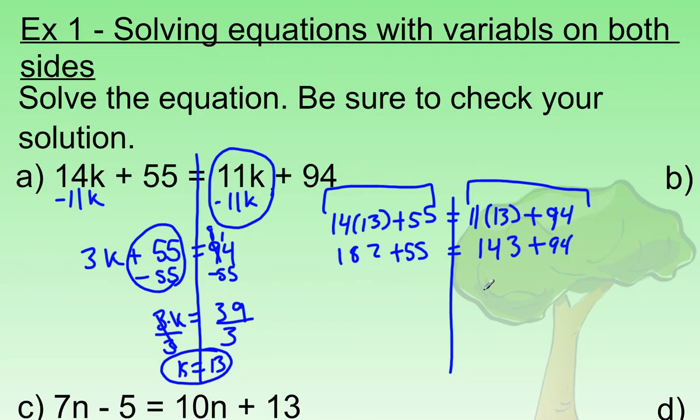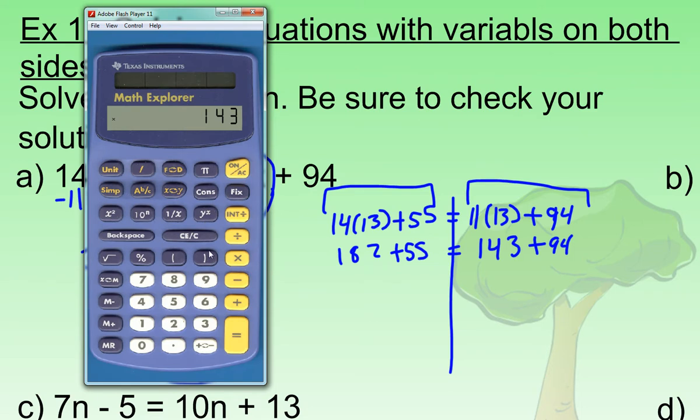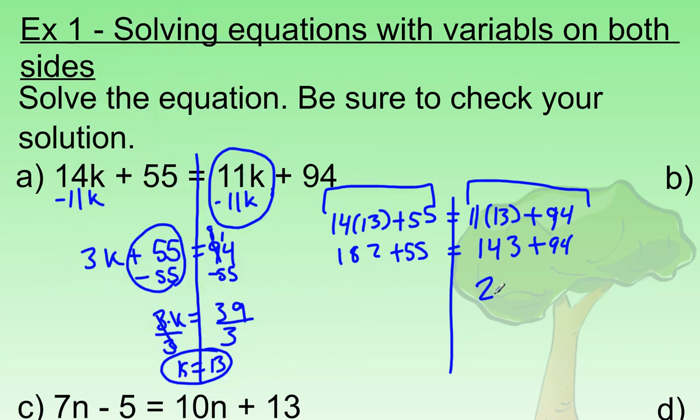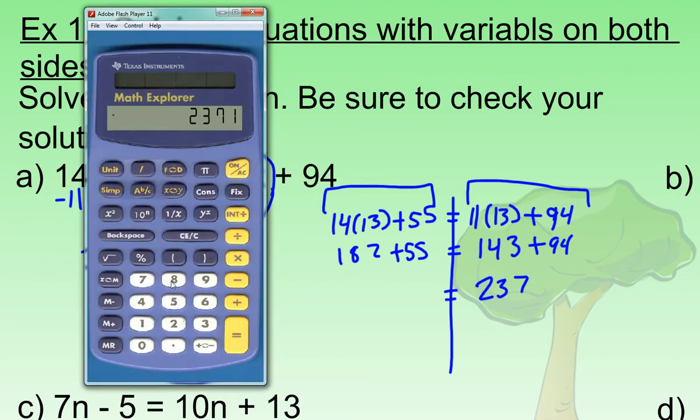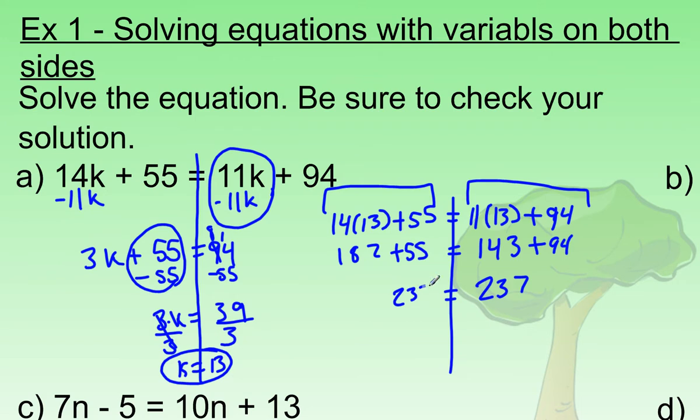So I'm going to add this up and add that up and see what we get. So I'll do this side first. Since I already have 143 in the calculator, plus 94 equals 237. And then the 182 plus 55 equals 237. So this is the correct answer. That's how we can tell.